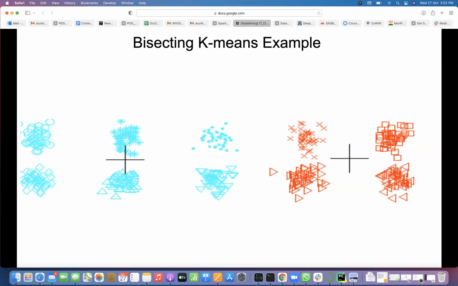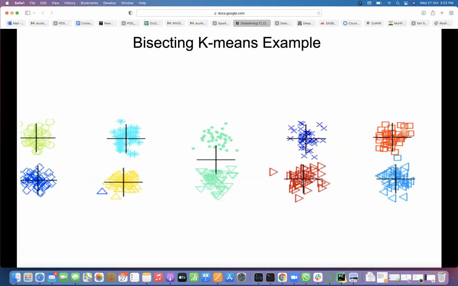First you initialized 2 clusters here, right? Then you are getting 3 clusters, then 4 clusters like this, then 5 clusters, then 6 clusters. Each time you increase one more cluster. This is 7 clusters, 8 clusters. If you want 8 clusters, you will stop there.